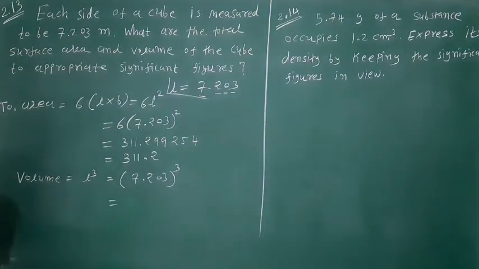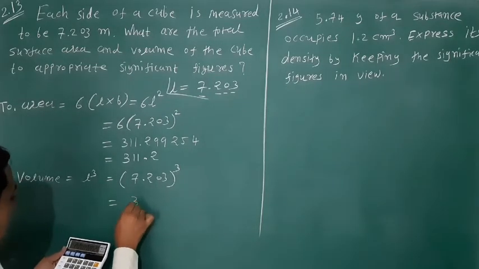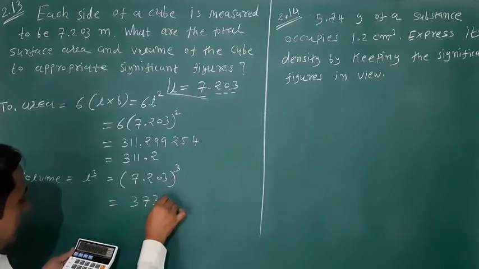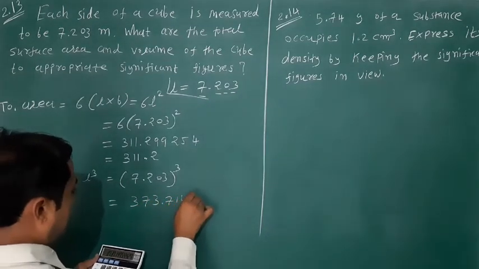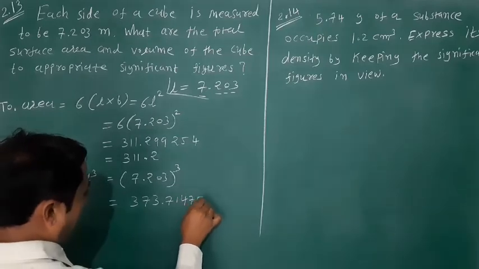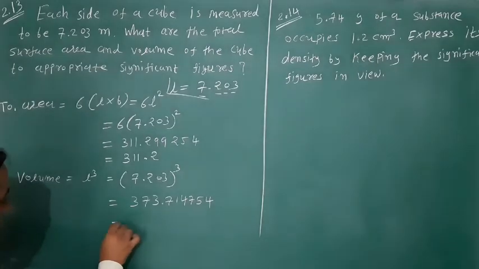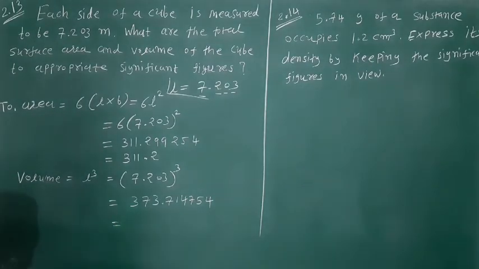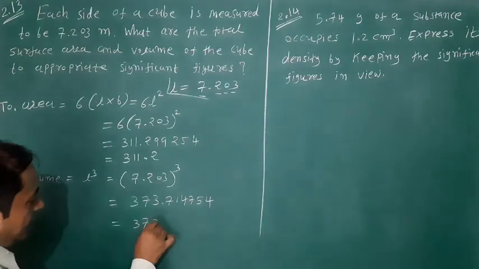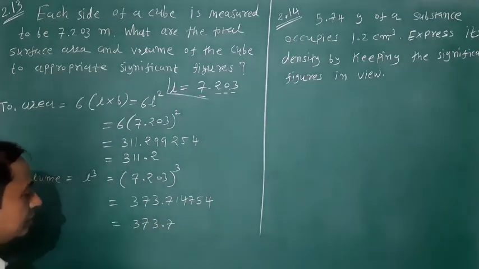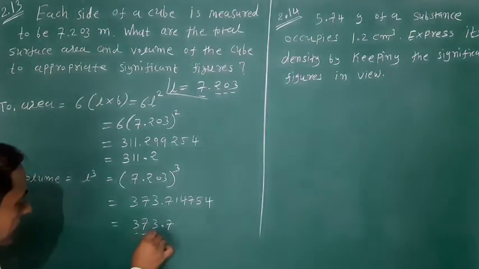Now we calculate. 373.71374754. Okay. So again now we convert into 4 significant digits. So the answer is 373.7. Okay. 4 significant figures.